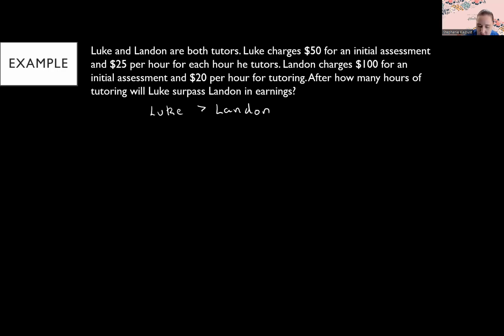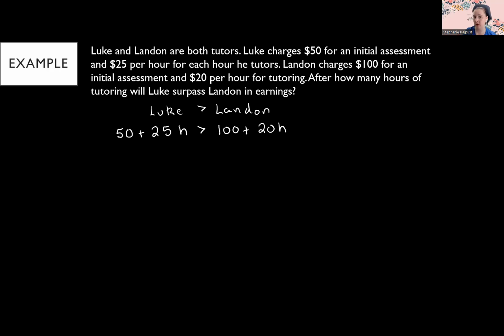So Luke is $50, and that's a flat fee for the first time, and then it's $25 per hour. I'm going to use H for hours. So $25 times each hour would give you the total amount for the hours. Landon is $100 for a flat rate, and then it's $20 per hour. So that's going to be 20 times the number of hours.